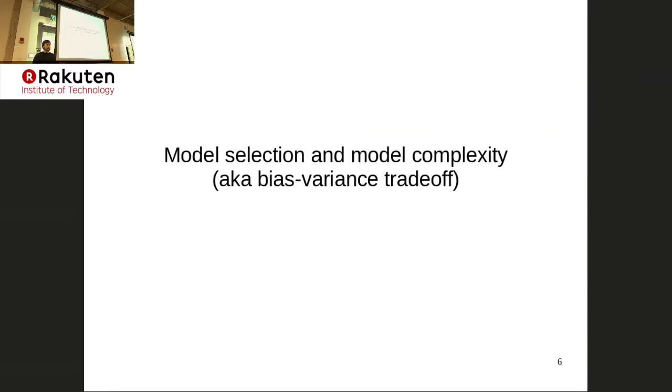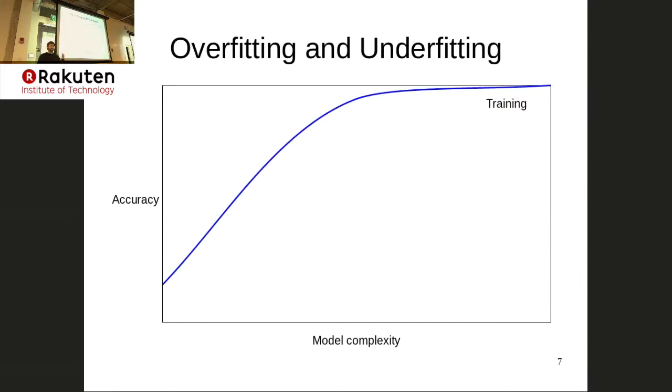We're always building a model on a training set, and we want the model to be accurate on new unseen test data. This is usually controlled using some knobs. These knobs can be regularization parameters or the number of layers in a neural network. I call them model complexity. Basically all models have some way to control model complexity.